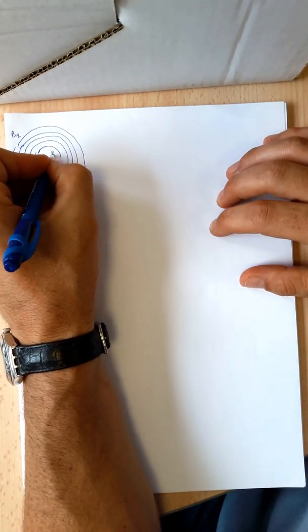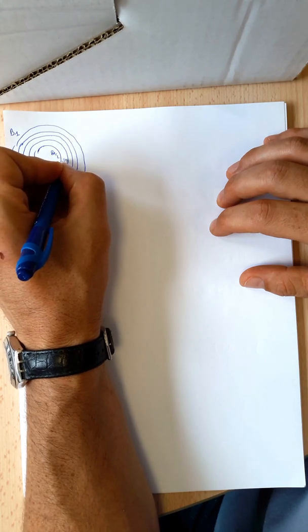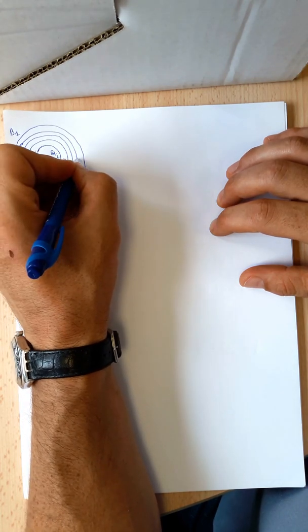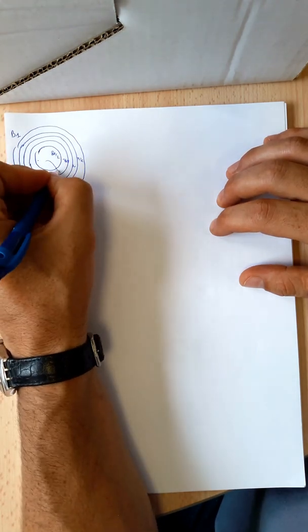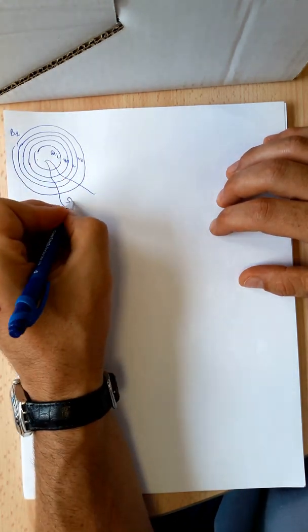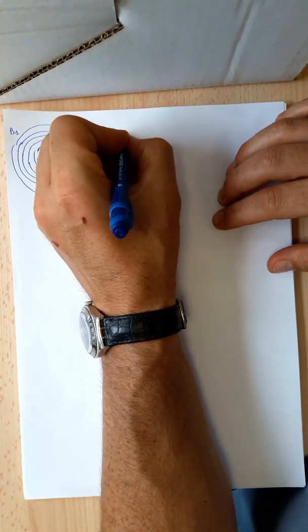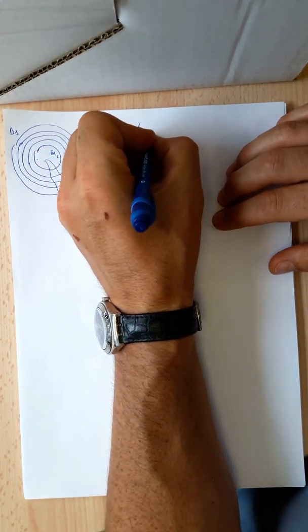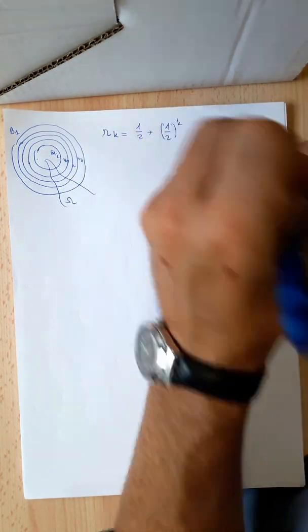So here we have the ball of size 1/2, and let's call this radius R_{k+1}. This one is R_k, and this one is R, and we have again our domain omega, which is somewhere here. So what is R_k? R_k is just going to be 1/2 plus 1/2 to the k, for k bigger than 1.